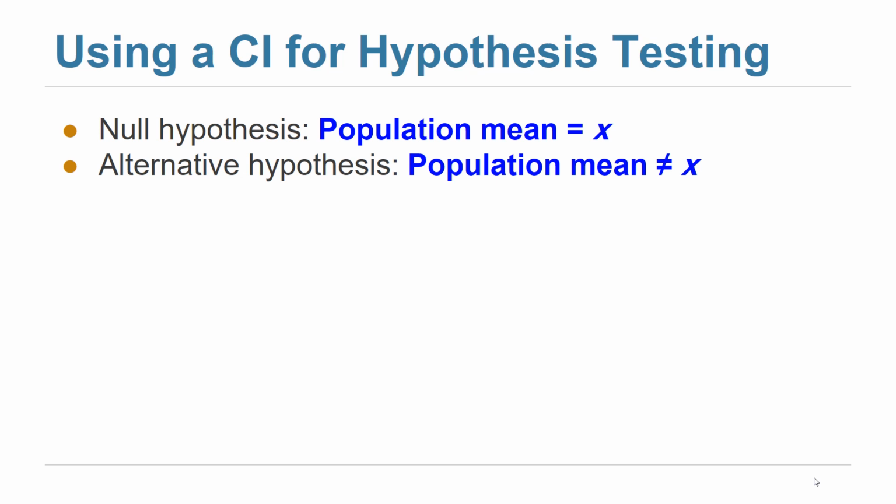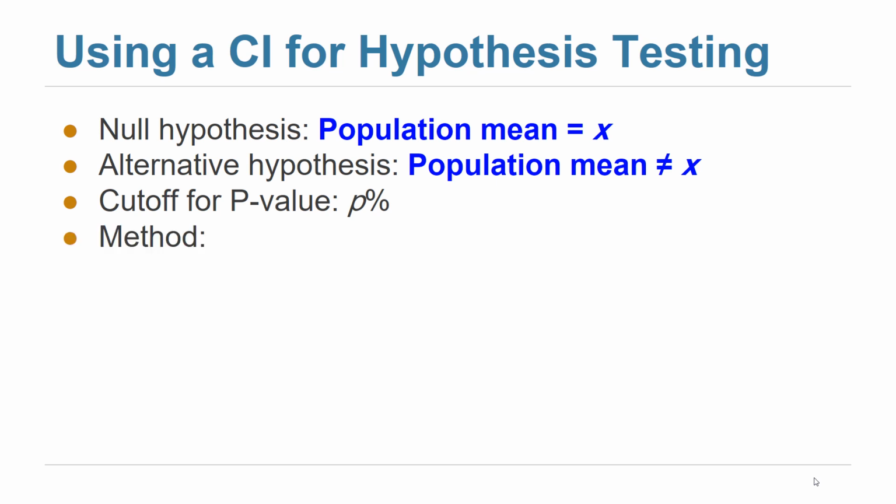So for example, in our maternal age, let's say that the null hypothesis is that the population mean is 27. So the alternative will be the population mean is not 27. And let's say that the significance level or the p-value cutoff is p%. Okay, let's say 5%. P is 5 here.